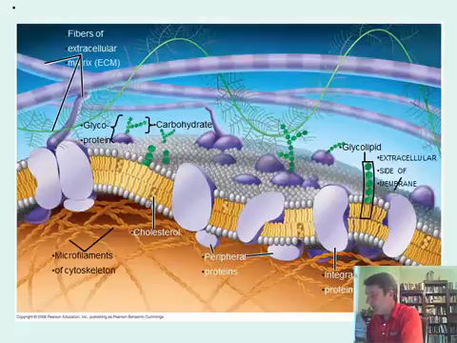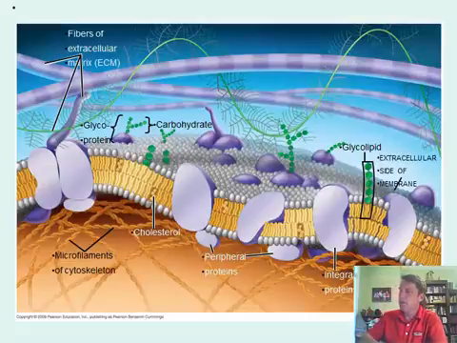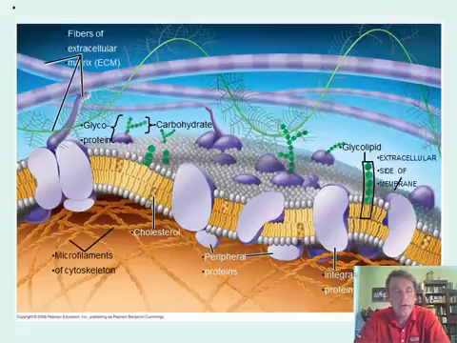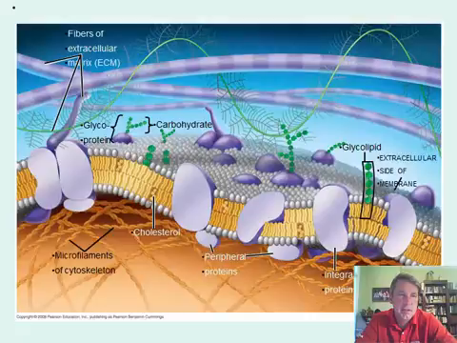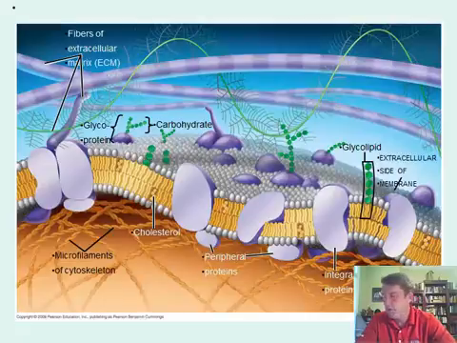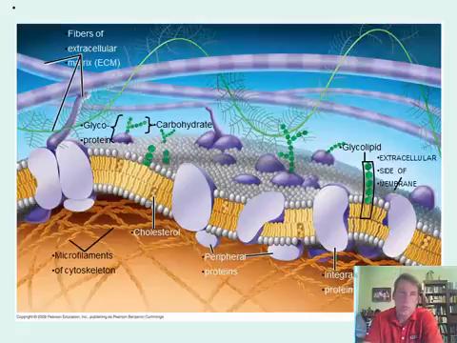Now, in coming in and out of the cell, we have certain processes. Some of these processes that allow things to come into the cell require energy, and other processes do not require energy. So in our outline here, we distinguish between physical processes and physiological processes.